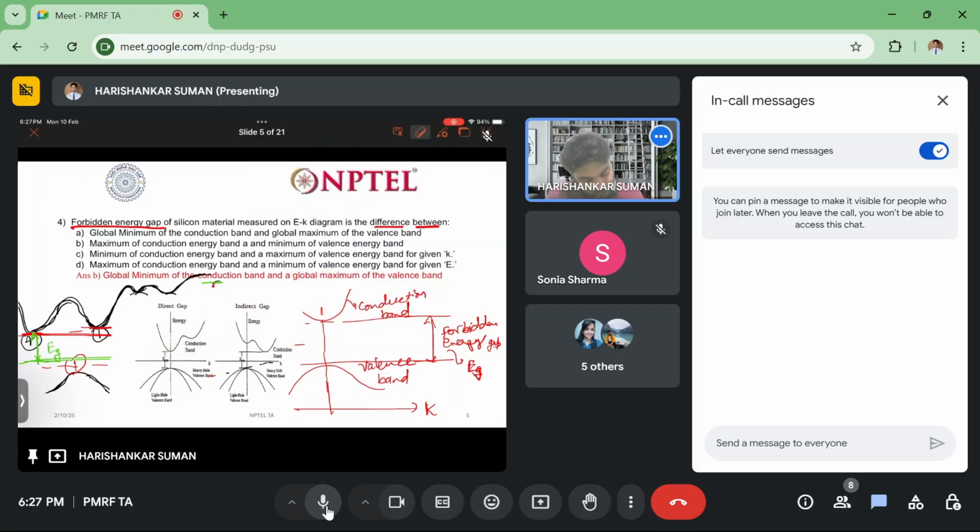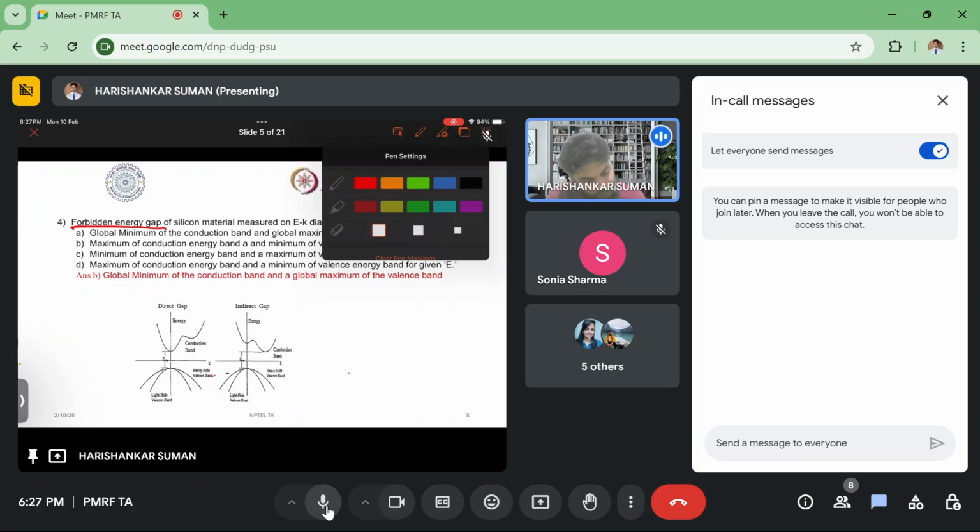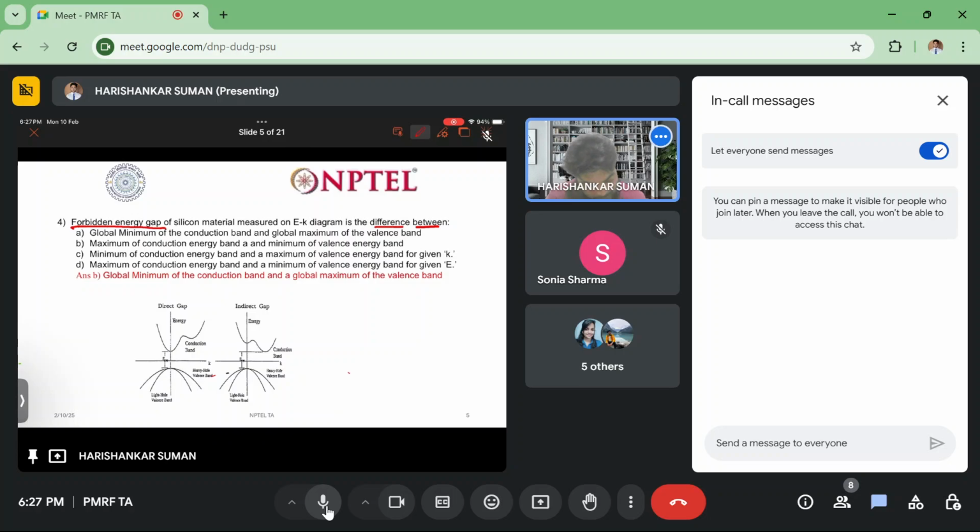Clear? We also have a picture for you as reference. Let's say this is direct, this is indirect band gap, but this is for silicon. We have minima 1 and 2, but minima 2 is below compared to 1. So we have to find the global minimum.